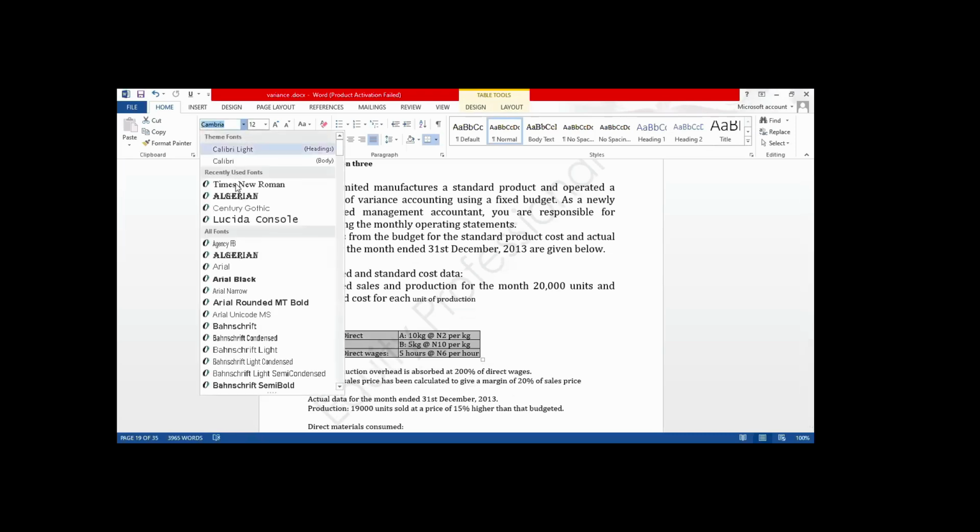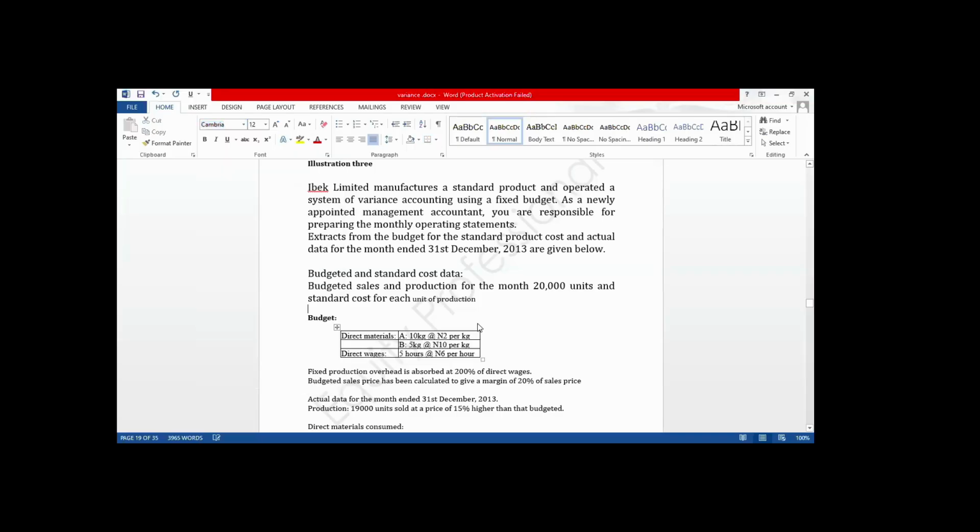We have material A. For material A, we require 10 kg, and the price per kg is 2 naira.